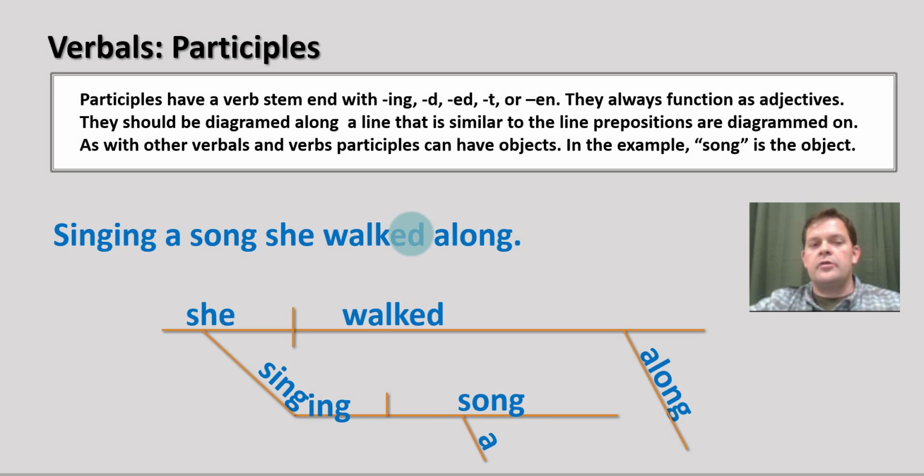Participles are your second kind of verbal, and they can be identified because they're a verb stem that ends in ing, d, ed, t, or en.